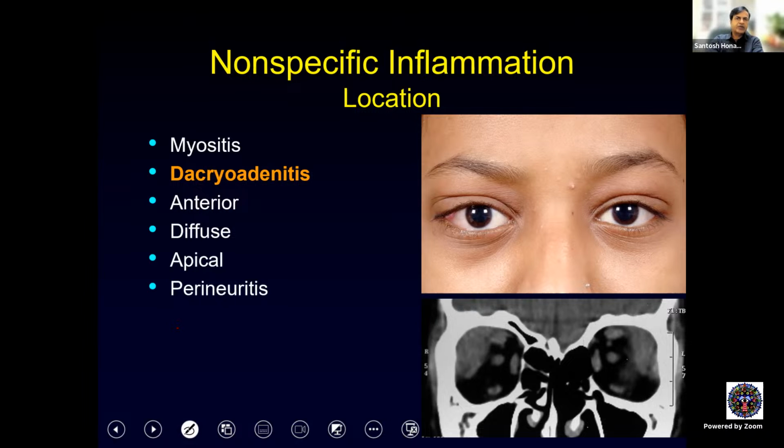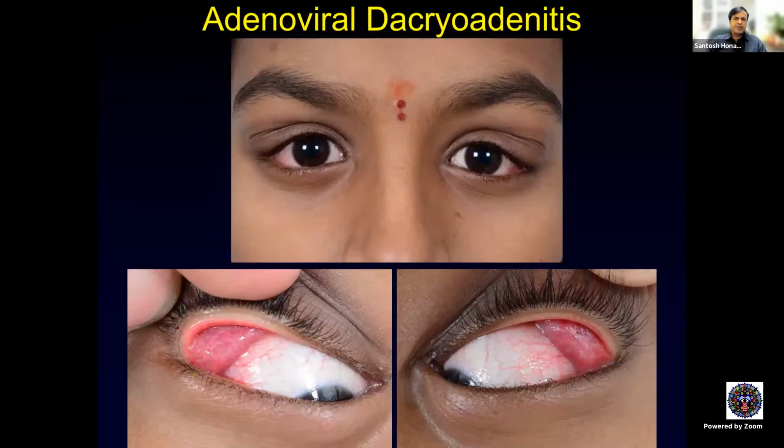The next variant of non-specific orbital inflammation is dacryoadenitis, where there is inflammation of the lacrimal gland. There are many variants of dacryoadenitis. This is one such where there could be predominantly orbital lobe involvement, predominantly palpebral lobe involvement, or both the palpebral and the orbital lobe can be involved. This is a topic for another class on lacrimal gland lesions.